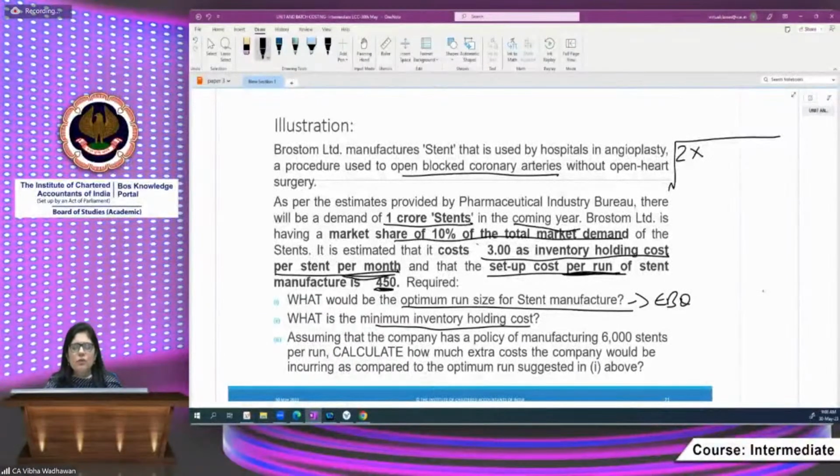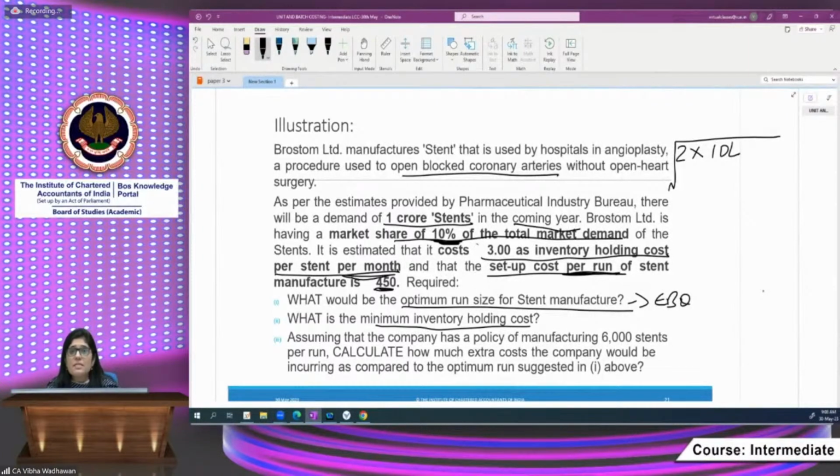All right. So the entire market demand for 1 year is 1 crore. What is the market demand for this company? This company has 10% of the total market demand. So 10% of 1 crore comes to 10 lakh. 10 lakh is the annual market demand for this company.